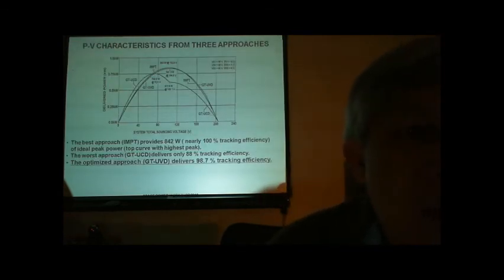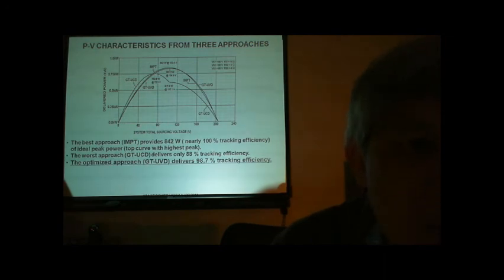These slides show the plot of the PV, which is power versus voltage, DC characteristics from the three approaches of harvesting energy. The best approach, independent maximum power tracking, provides 842 watts, which is corresponding to nearly 100% tracking efficiency of the ideal peak power as shown on the top curve with the highest peak.